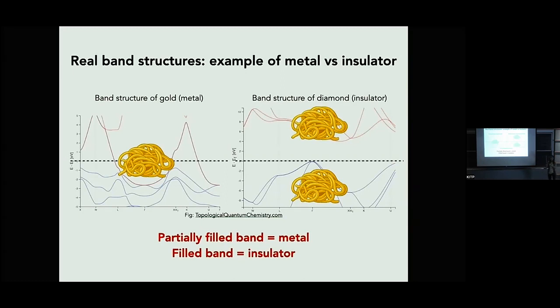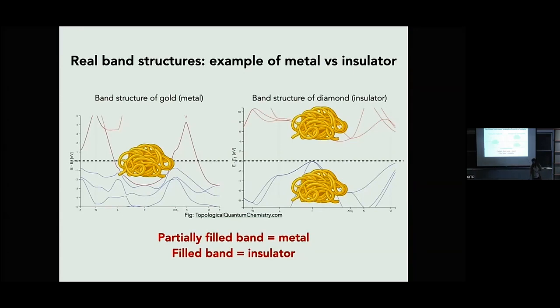You tell it where your atoms are in a crystal, and it will give you a plot like this. One of the interesting things is that these band structure plots break down for certain types of materials where the Coulomb interaction is very strong. We can say more about what that means. One of the major research topics in condensed matter physics is understanding when the band structure breaks down, why it breaks down, and what happens. That's a little bit outside the scope of this talk, but I wanted to mention it.